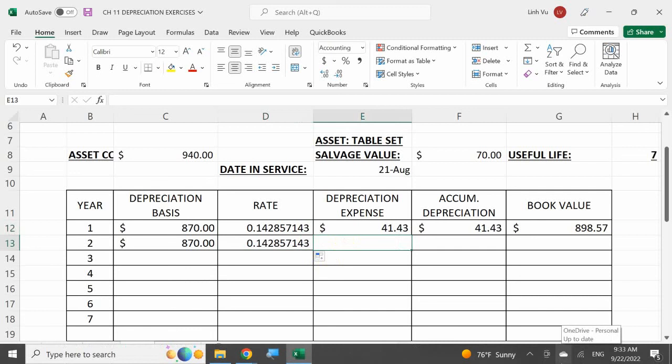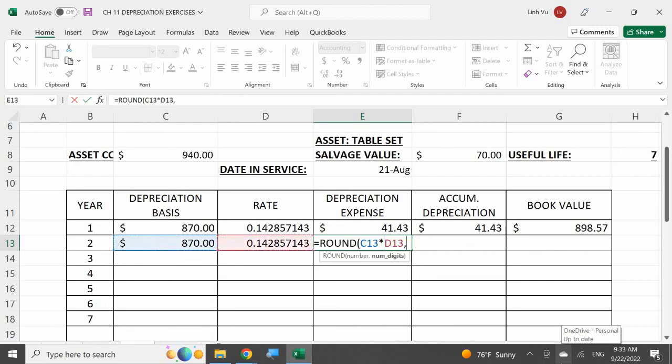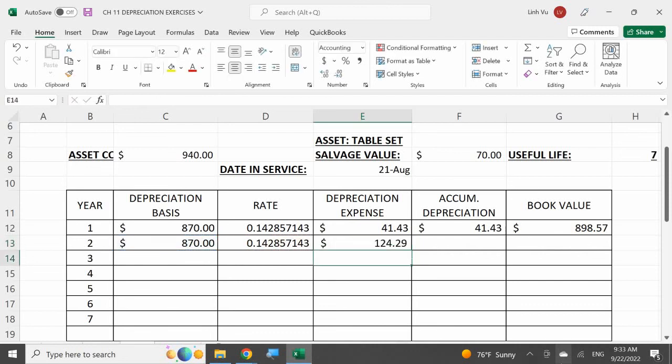All right. So this time, that's going to be $124.29. Good.